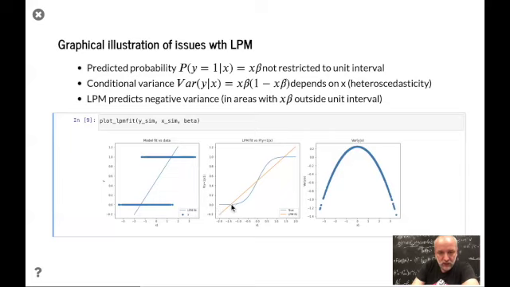When x1 becomes very low, well, you get negative probabilities. You also get predictions of probabilities that are larger than 1. So here you got 1, and there are some predictions out here that are above 1. That's an artifact of having a linear model. Unless the coefficient is 0, it's going to have to go outside the unit interval at some point.